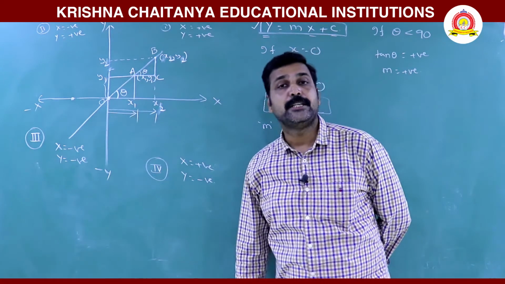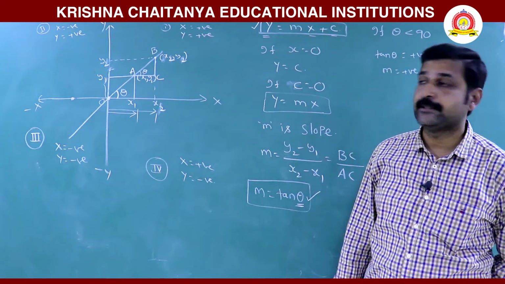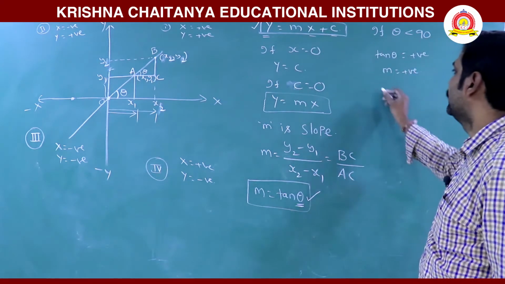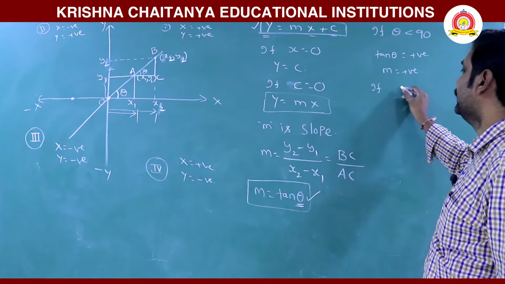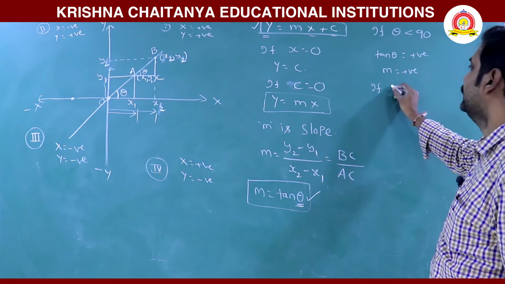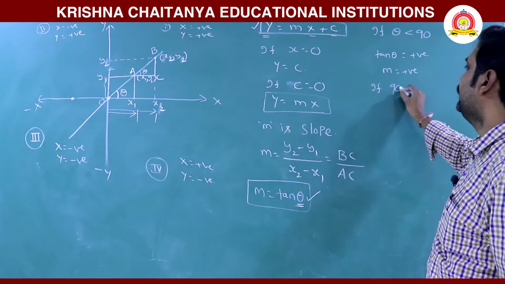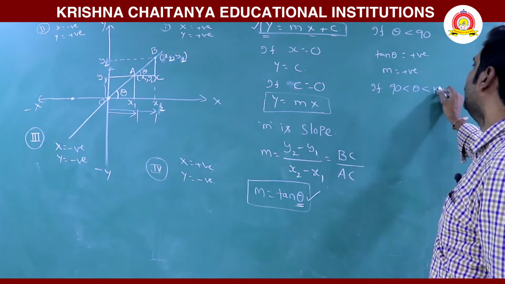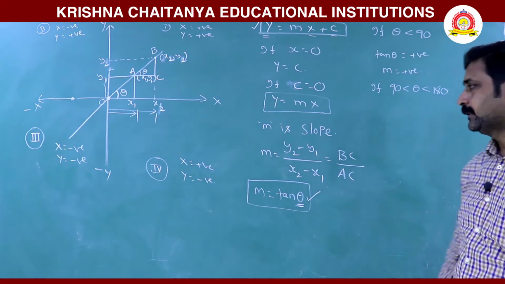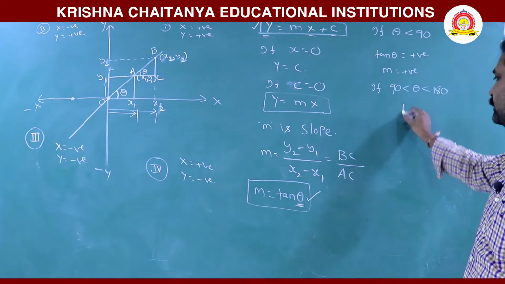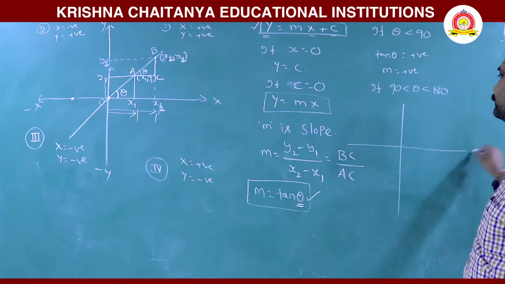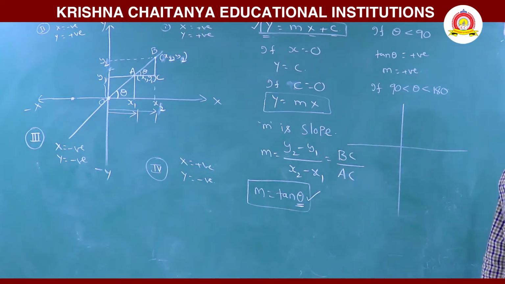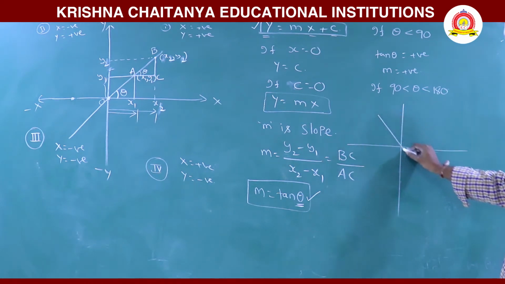If theta is greater than 90 and less than 180, the graph will be drawn like this.